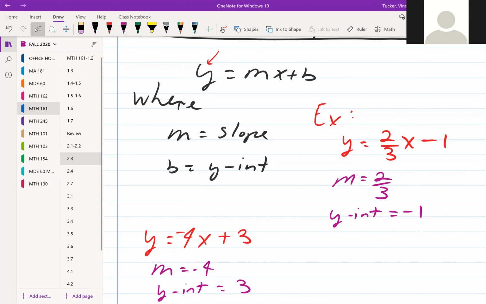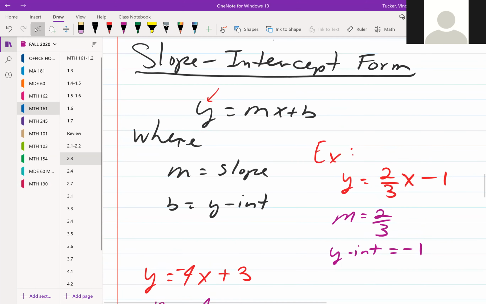What is the heading of this one? Slope intercept form. All right.